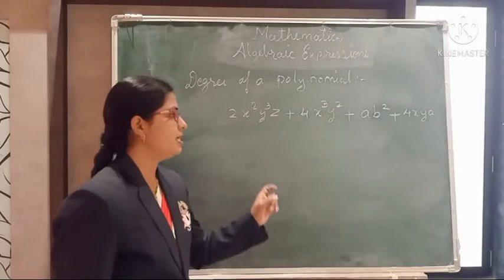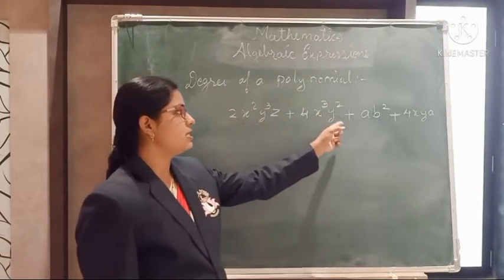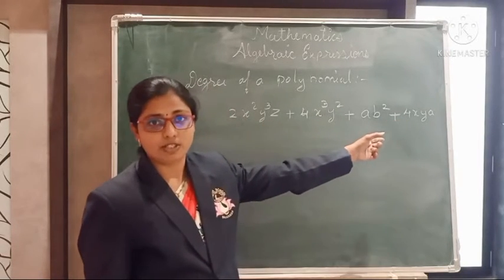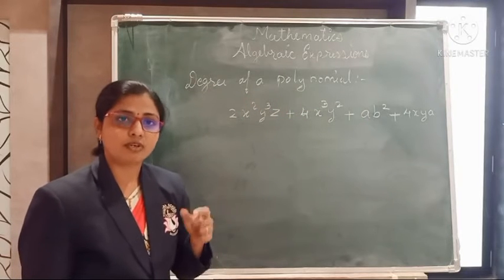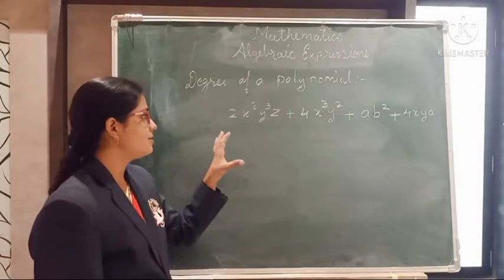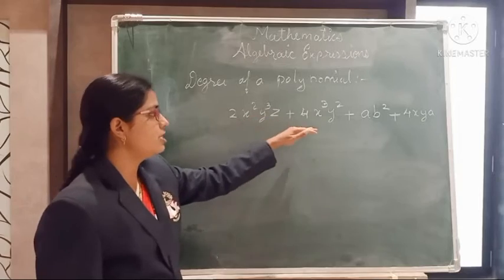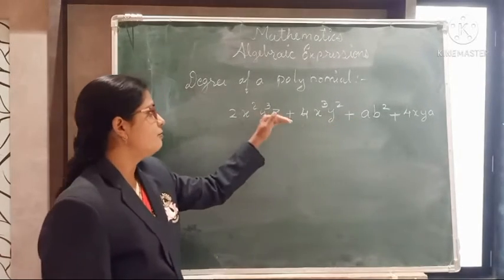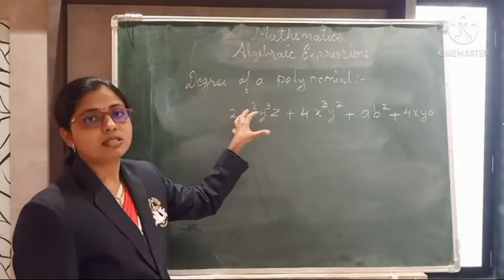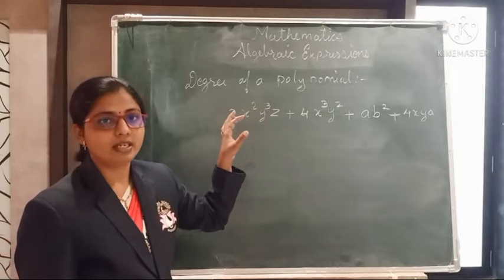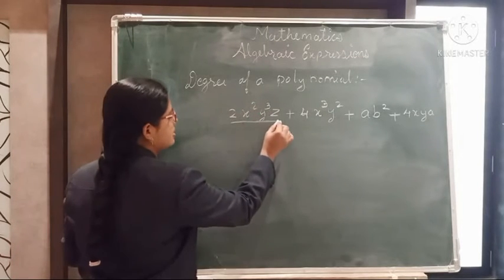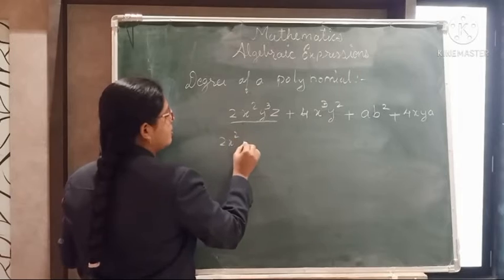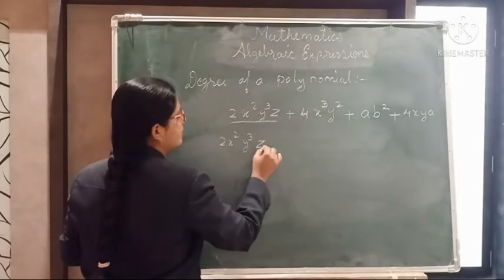Now you can see different variables are present in this algebraic expression. So how will you find the degree of the polynomial? For that, step by step, go through each term and find each term's sum of the degrees. For example, first I will consider 2x square y cube z.